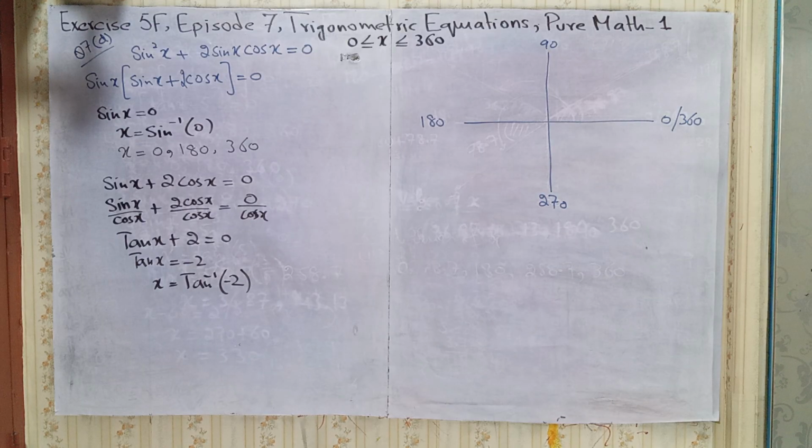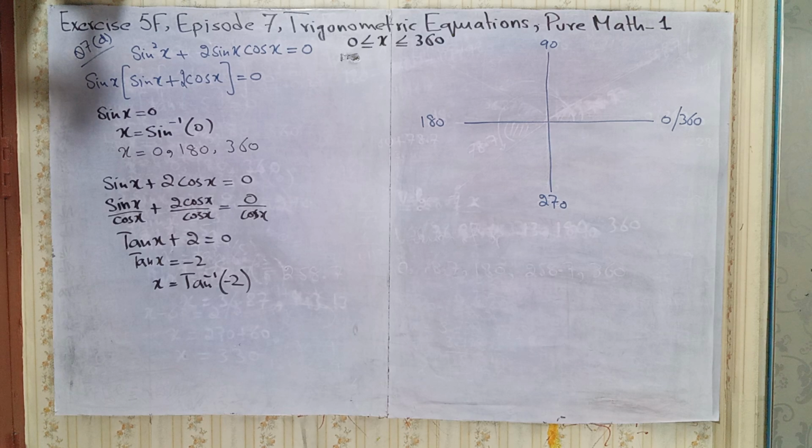So what do you think? So sine x plus 2 cos x equals to 0. I divided all the terms with the cos x. So you got tan x plus 2 equals to 0. So the tan x will be equal to minus 2. So the x will be equal to the tan inverse of the minus 2. So use your calculator.